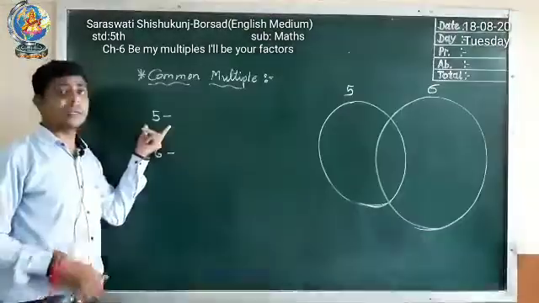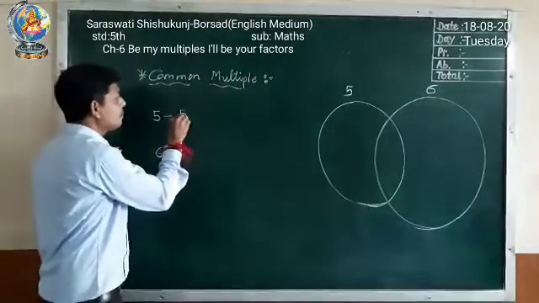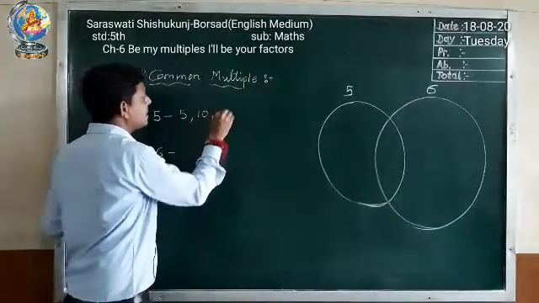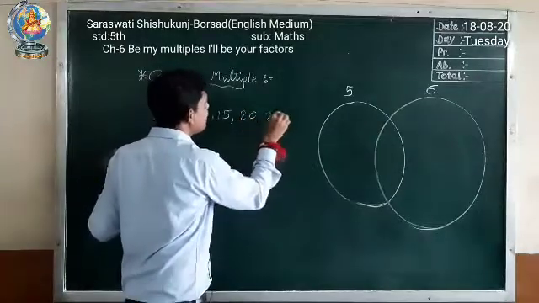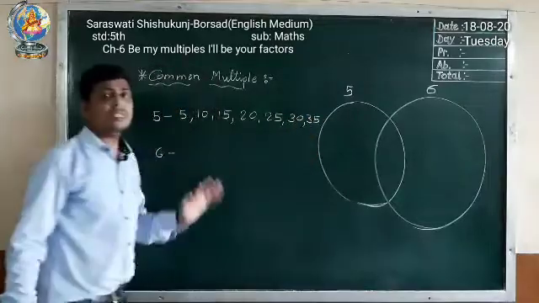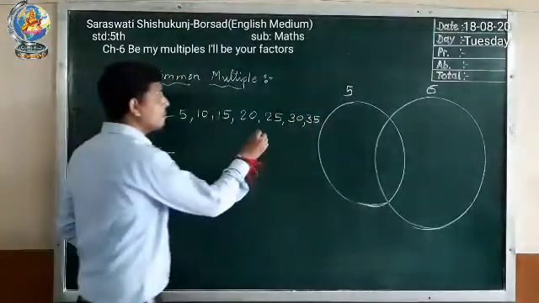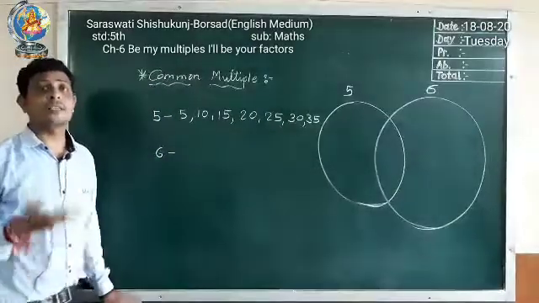First of all, we have to write multiples of 5. Let us write 5, 10, 15, 20, 25, 30, 35, then 40, 45, 50, 55, 60.